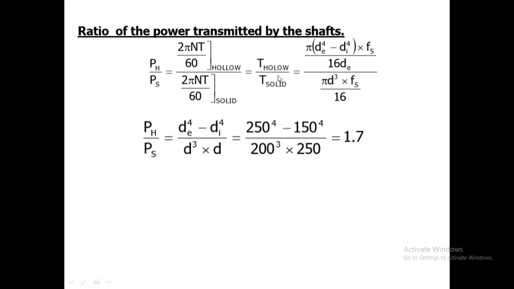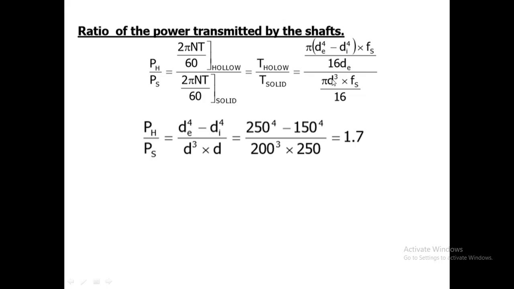The torque of the hollow shaft and solid shaft will be different even though the same speed is transmitted, so we take the ratio of these two torques. We can relate the torque with diameters. The torsion equation, T by J is equal to tau by R, can be taken for the hollow shaft, and J is different for the hollow and solid shafts, in terms of the diameter.